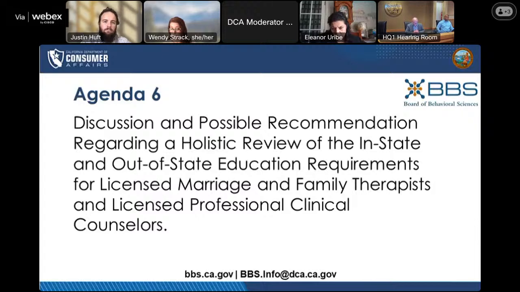The next step would be to look at all those requirements that we have currently and try to standardize. I don't know if standardize is the right word, but I'm going to put it out there: standardize requirements, and look at the feasibility of making coursework standardized across both LMFT and LPCCs, recognizing that there is core content that should be required for each scope.